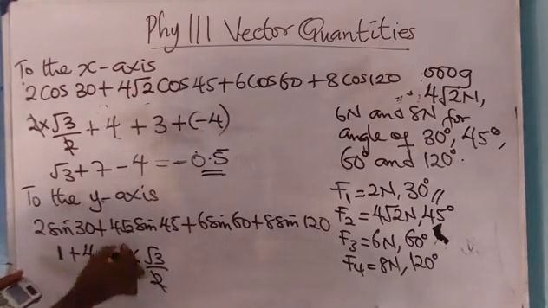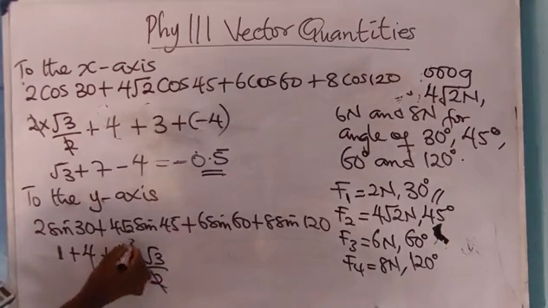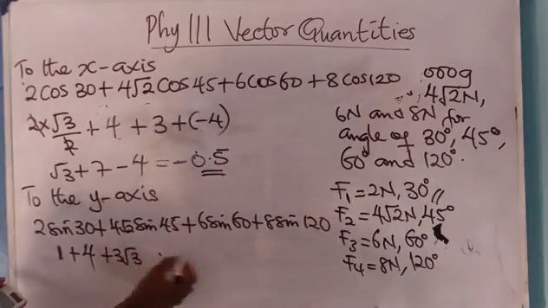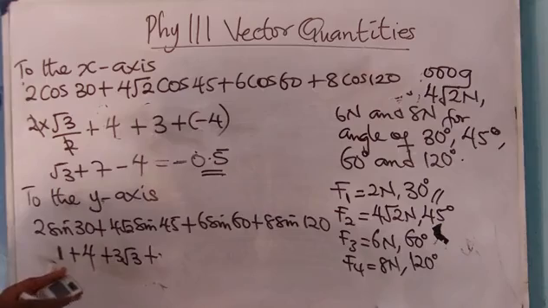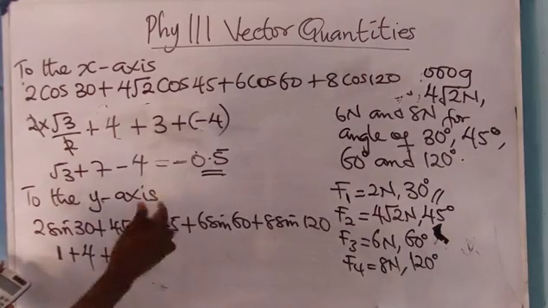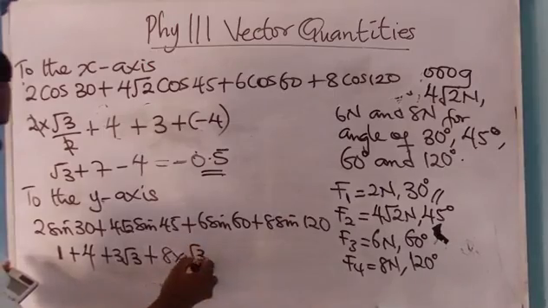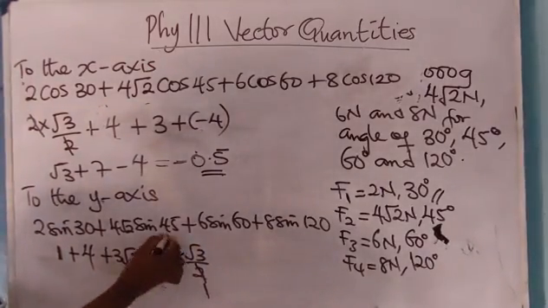Alright, so this into this I have 3, which means that is 3 root 3. Then plus sine 120, root 3 over 2. That is 8 times root 3 over 2. Right? So 4.